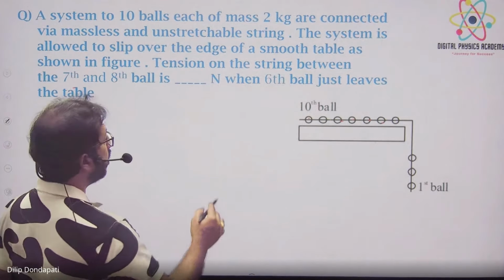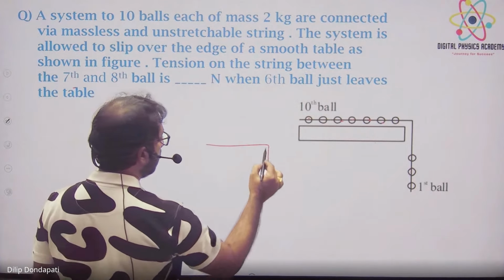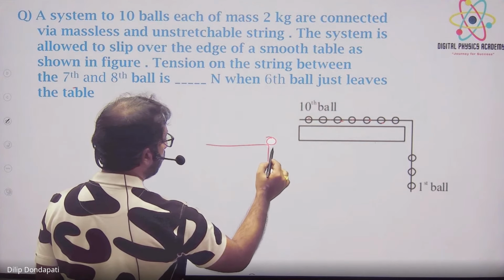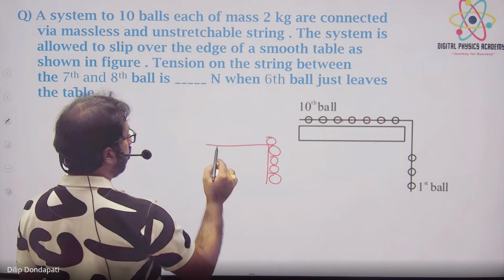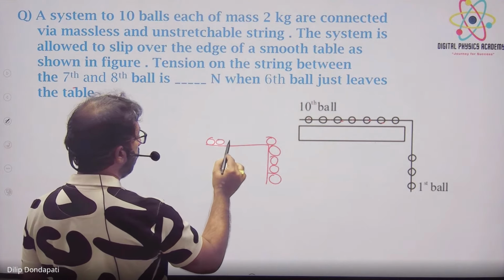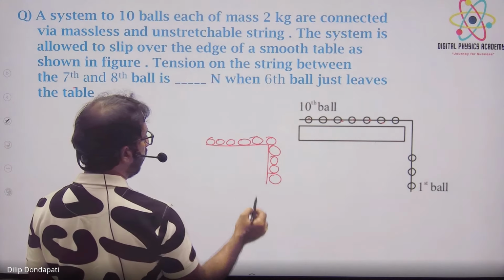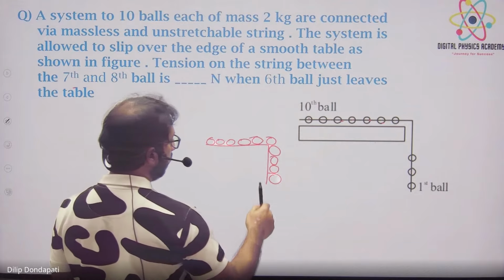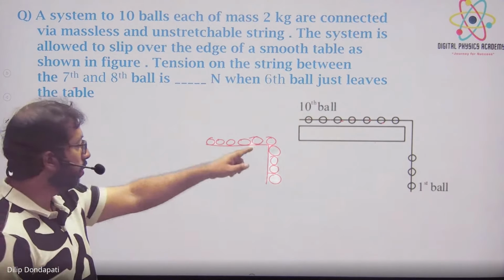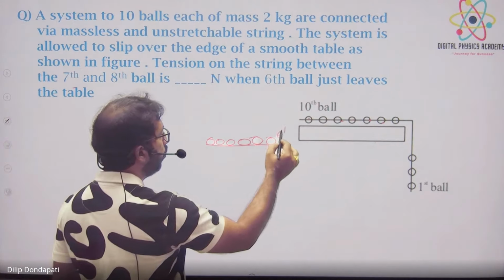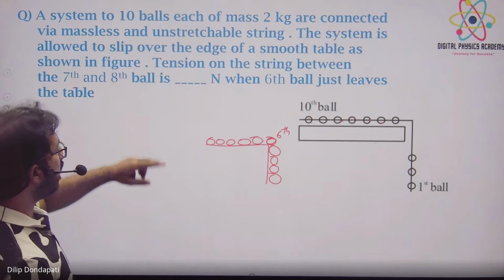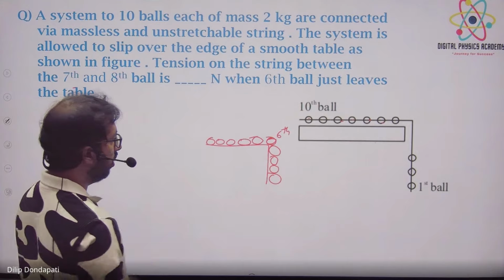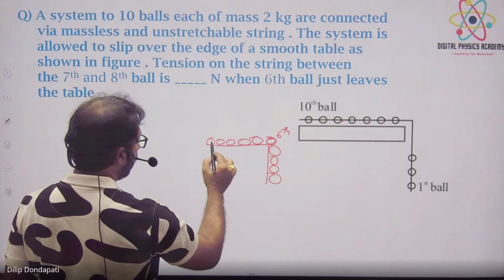When sixth ball is just about to leave, मतलब ये sixth ball इधर है. So 7th 8 9 10 इधर तक. So इधर ऊपर क्या रहेगा? 1 2 3 4 5. When the sixth ball is just about to leave, he's asking the tension between the 7th and 8th ball. 7th and 8th, ये पूरा string से attached है ना?